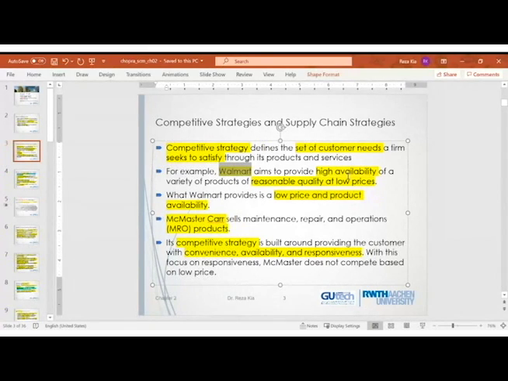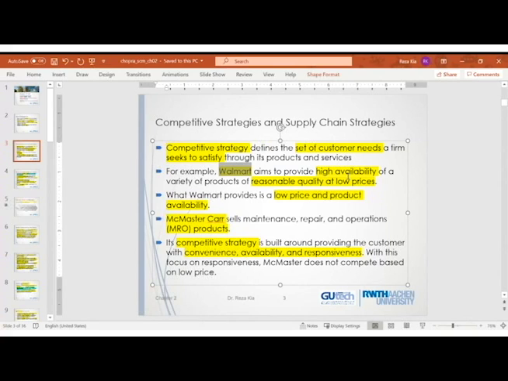But their customers are not expecting low price because they prefer to receive the items in a shorter time, maybe specifically for maintenance and repair operations. This is sometimes essential because when the manufacturing machine is broken down and you need to maintain that machine, you need to receive your repair in a short time.